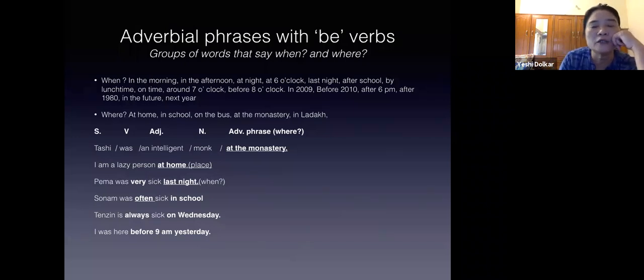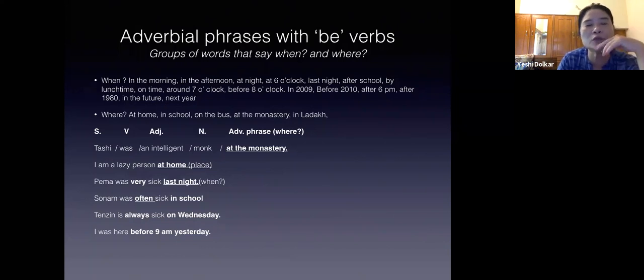For example, in the morning, in the afternoon, at night, at 6 o'clock. These are all adverbs, but then they are phrases.